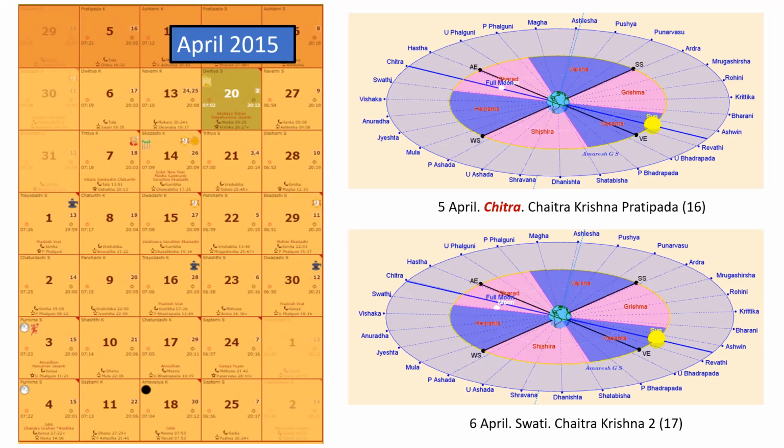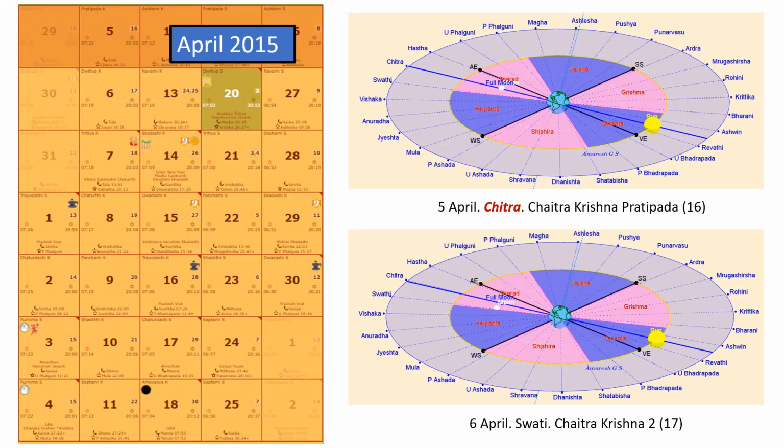Similarly, the second half of the lunar month, the fortnight that begins with the day just after the full moon day and continues until the day of Amavasya, is called either Vadya Paksha or Krishna Paksha. Chaitra Krishna Dvitiya, notice in the parenthesis, I'm using the number 17. So that's like 15 plus 2.